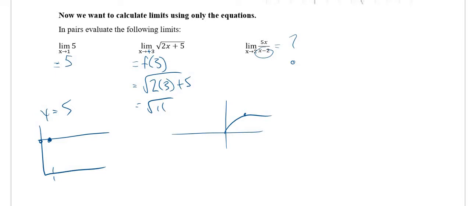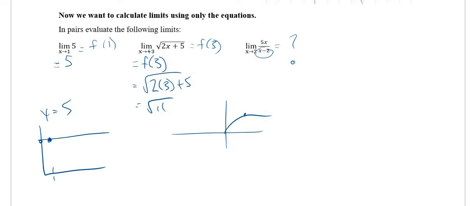So instead of the limit as x approaches 1, it's just going to be the same as f of 1. This is just going to be the same as f of 3. So all you have to do, generally speaking, is plug in whatever x is in your limit definition into the function, and it should give you that.